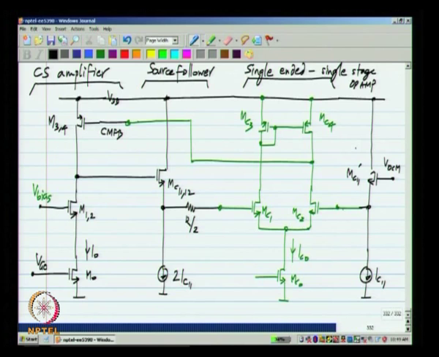Now, we know that in order to have stability in the 2 stage op amp, we needed to have a Miller or integrating capacitor from the gate of the common source amplifier to its drain. This is what was called CC, and because it is here for the common mode feedback loop, I will call it CC-CM.